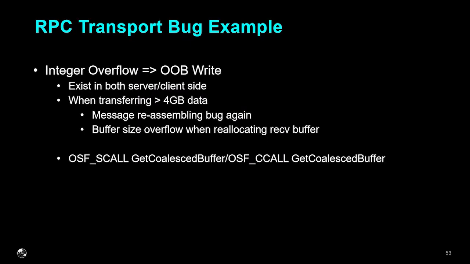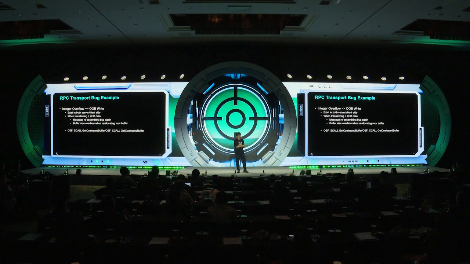The last one is an RPC transport bug, and if you still remember, we introduced a bug in the LDAP server. This one is almost identical to that one. It is an integer overflow bug when the server tries to grow the receive buffer to hold more data.